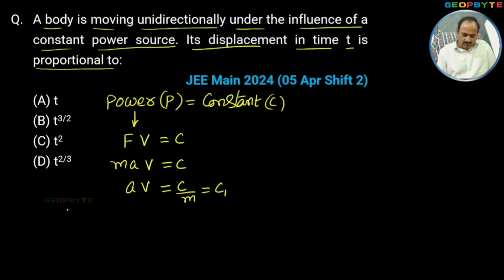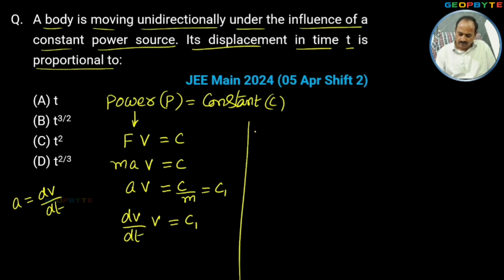But acceleration equals dv by dt only. So dv by dt into v equals constant C1, or v dv is equal to constant C1 into dt. Okay. Now let us integrate it.